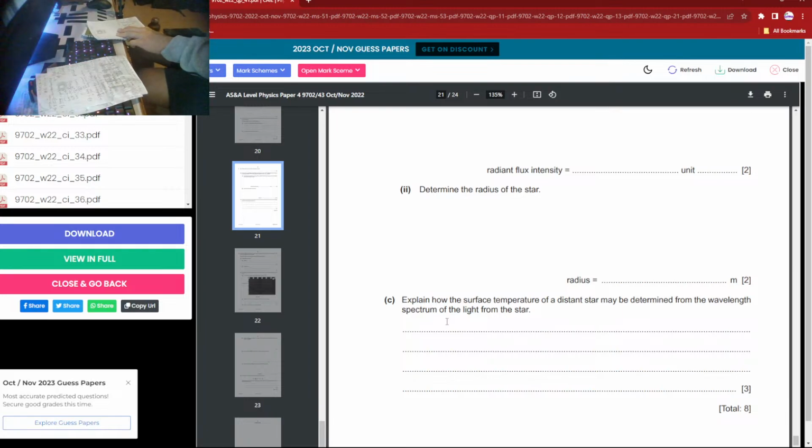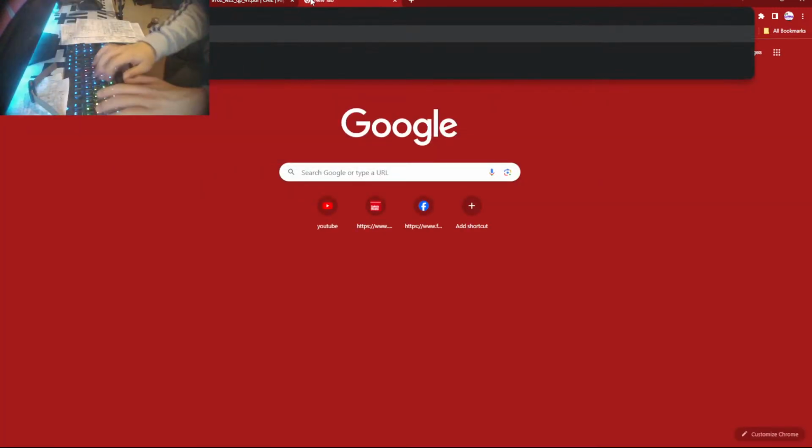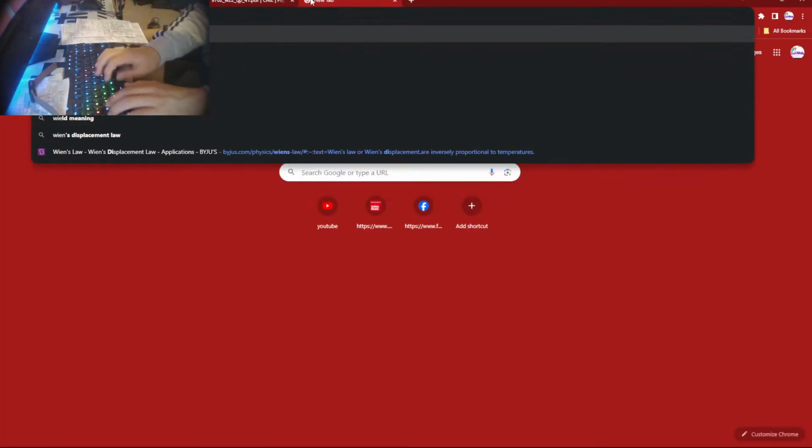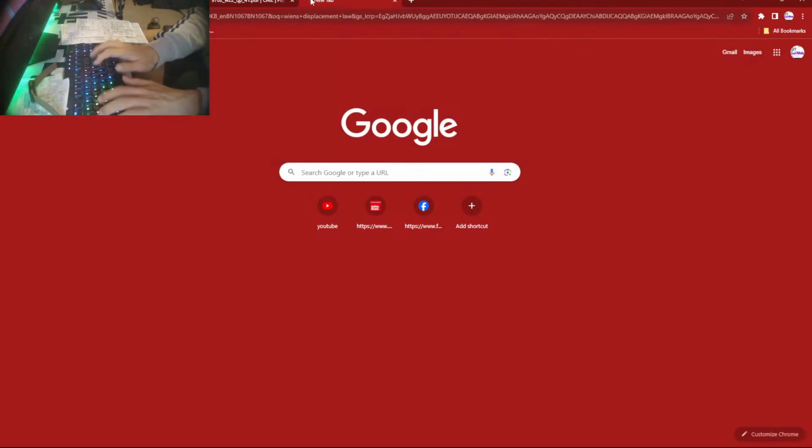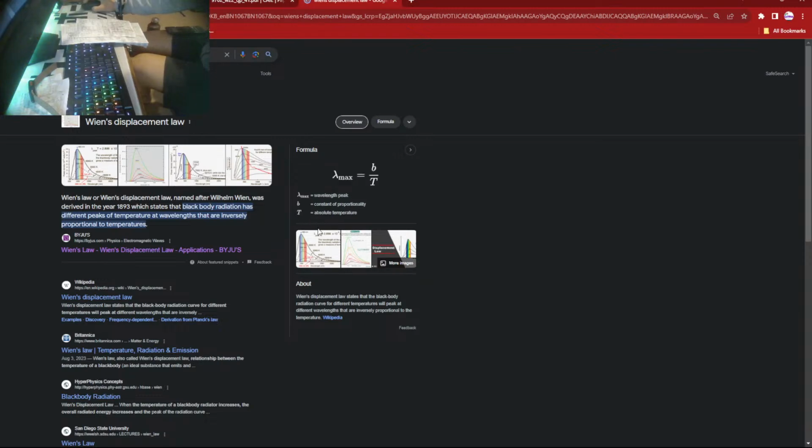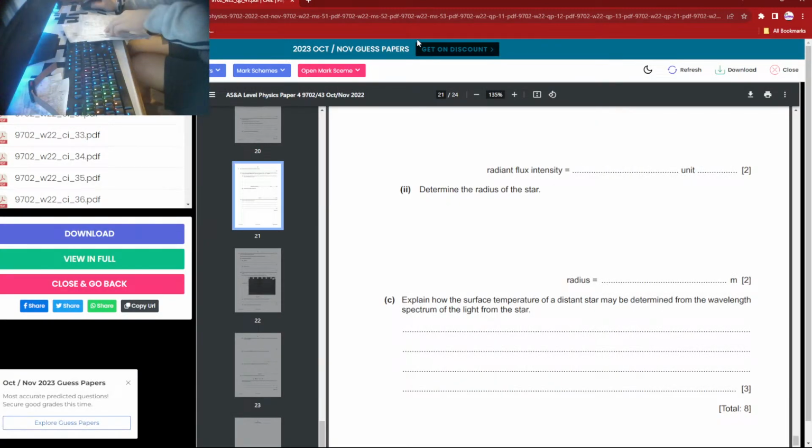It's called displacement law, so I'm guessing lambda is... I actually forgot, but it should be lambda is proportional to 1 over T. Let's just make sure. Yeah, it's correct. Okay. Wien's displacement law.